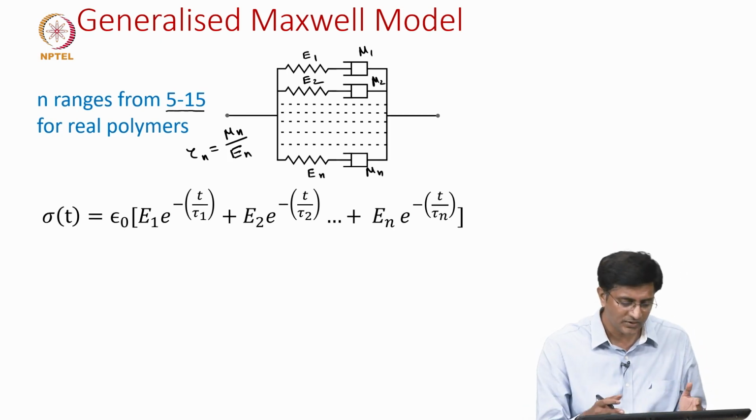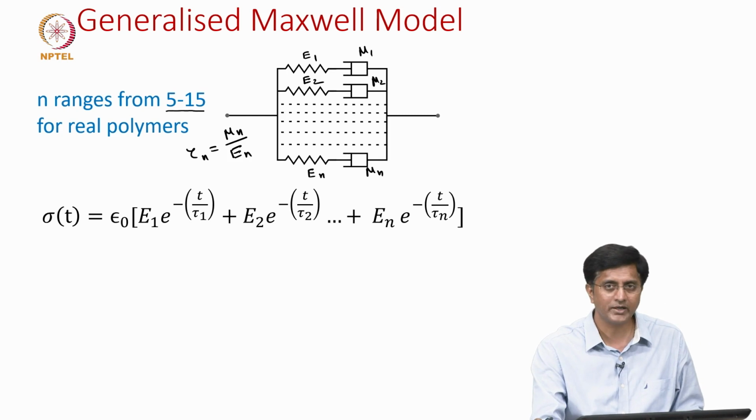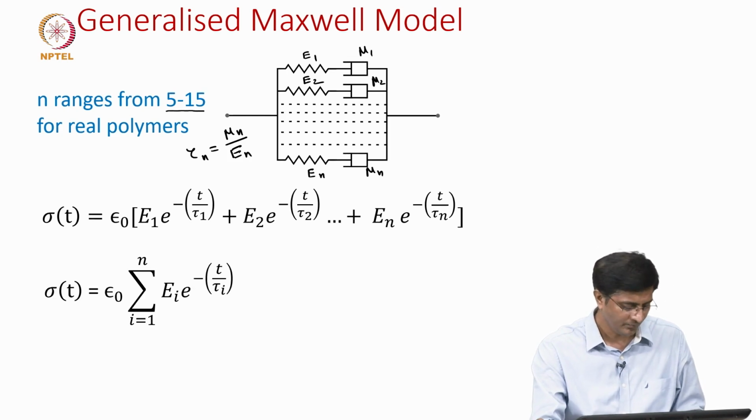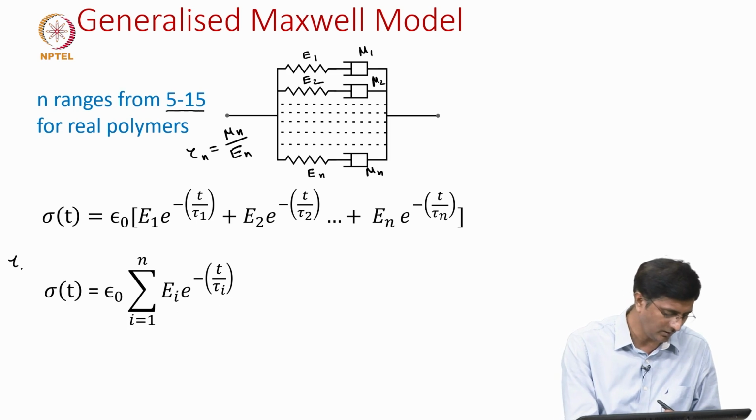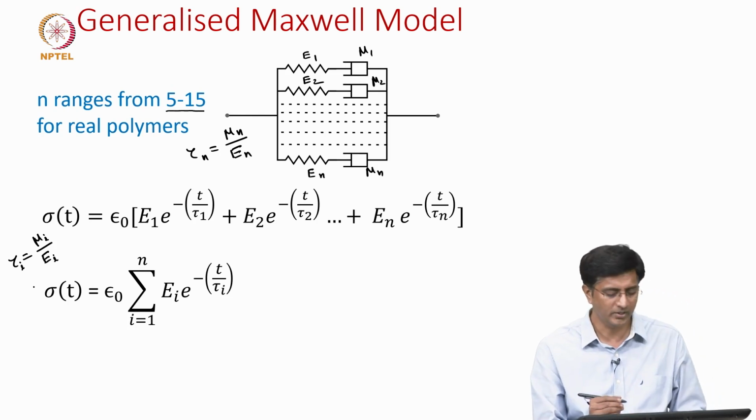Noticing this, it is easy to write it in a summation form, with the variable i going from 1 to n, and these terms can be simply written as Ei times e power minus t by tau i. Again tau i here is mu i by Ei, viscosity by modulus.